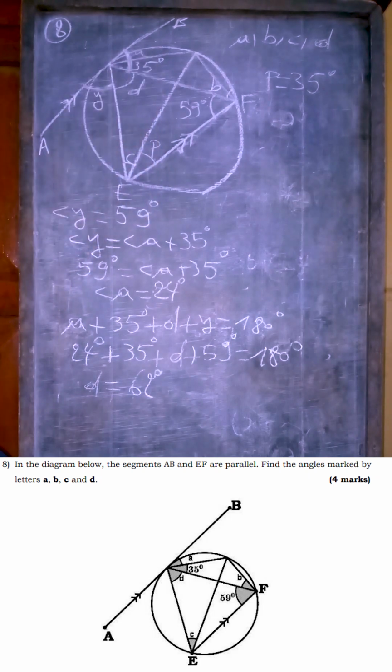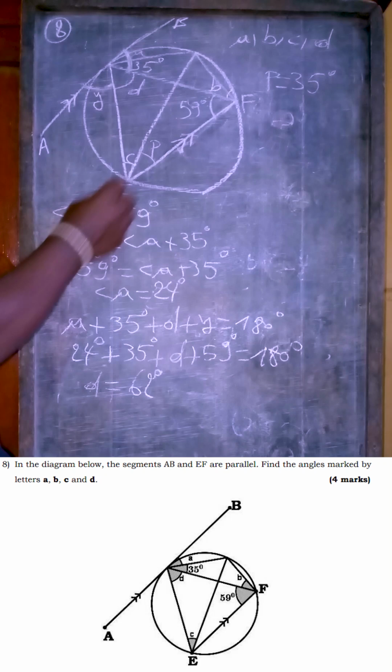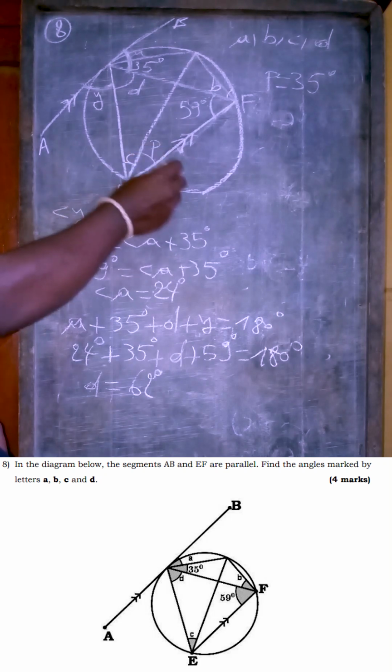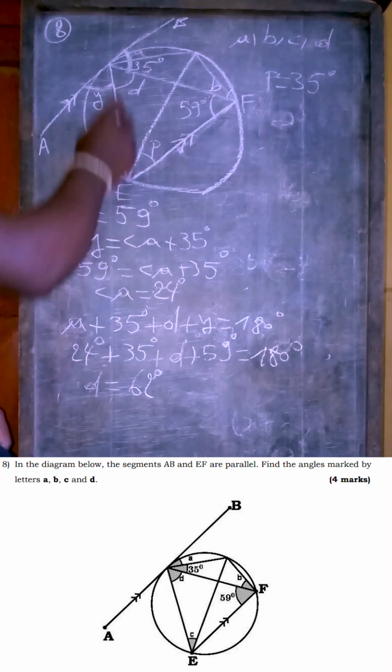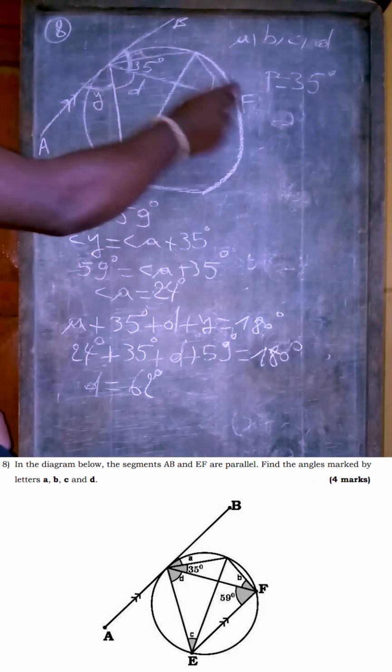And then let us compute everything. If we know the value of P, that is 35 degrees, we can sum up all angles inside this triangle to be equal to 180.